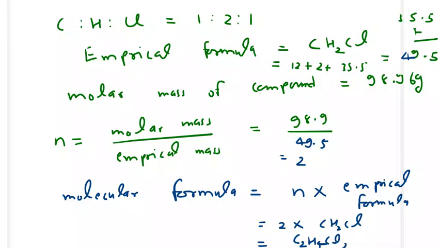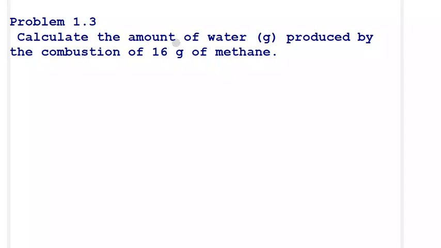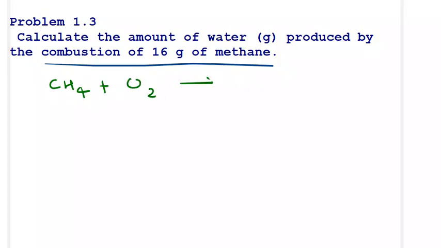Okay, next question we have been given: calculate the amount of water produced by the combustion of 16 gram methane. We have to first write the chemical equation. Methane combustion, what we got? CO2 plus water. It is being balanced: carbon 1, carbon 1, hydrogen 4, hydrogen 4, oxygen 4, 4.